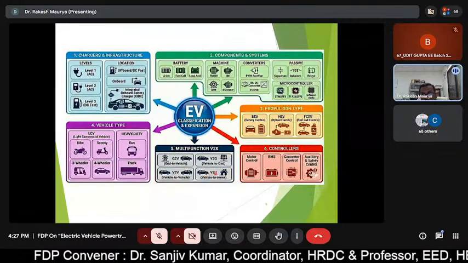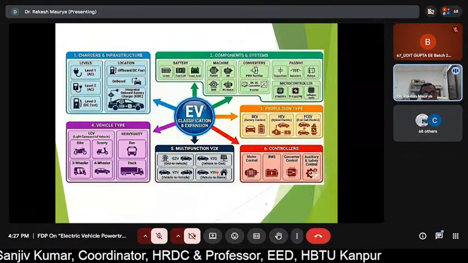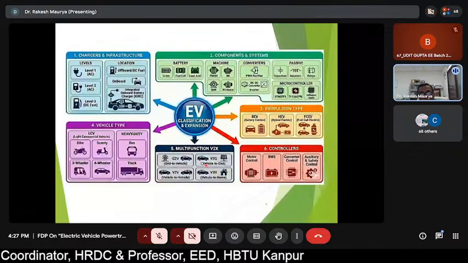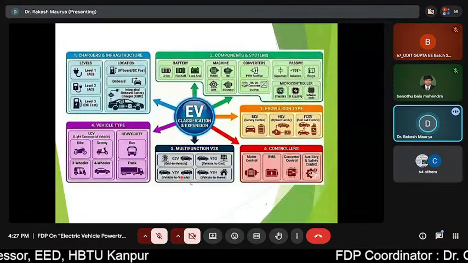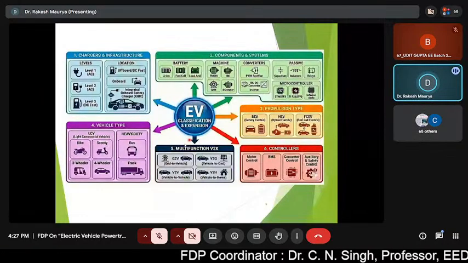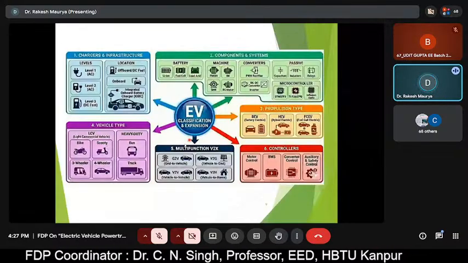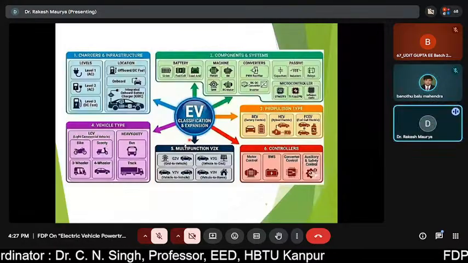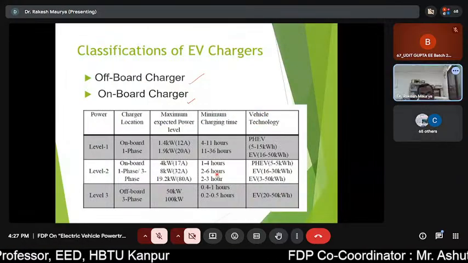That is vehicle to load or vehicle to home. So what I want to say is that an electric vehicle has an additional feature compared to the conventional vehicle. It can be used in a variety of ways, like vehicle to grid, vehicle to vehicle, vehicle to home, vehicle to load. This is the optimum use you can get from the machine.